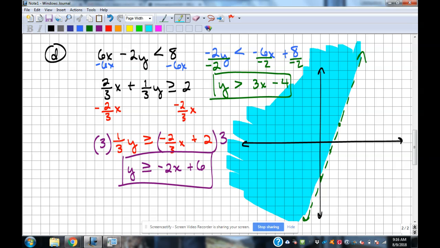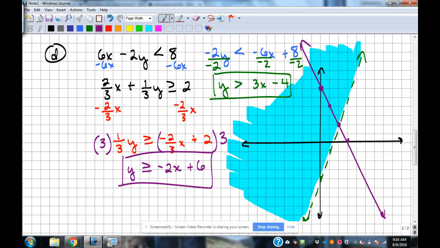Okay. Get the last one there. We're going to 6. 1, 2, 3, 4, 5, 6. There we go. A slope of -2. And this one would be what kind of line? Solid, because it has equal to mark.